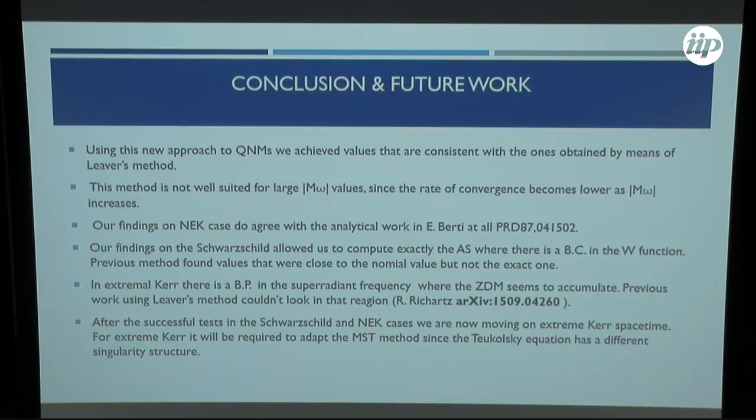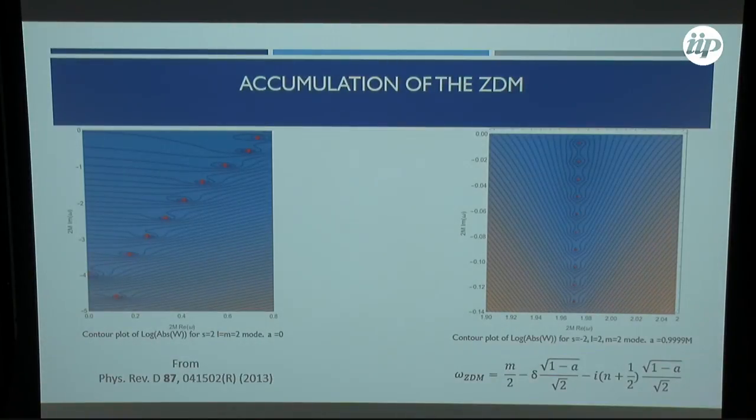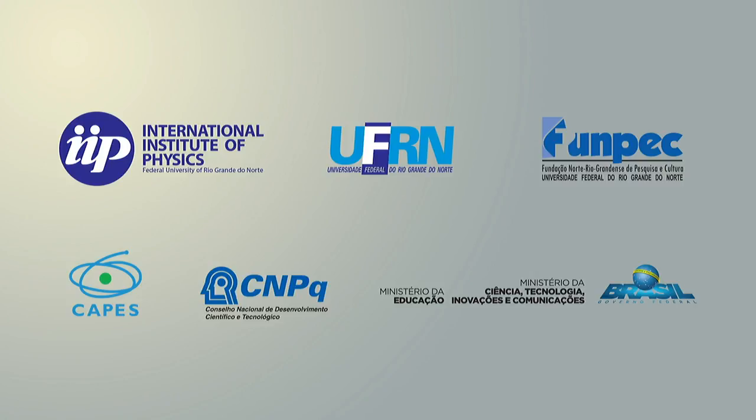So, conclusions. Oh, just one thing. In the extremal Kerr case, these points will accumulate there, and the idea is to investigate there because the method has already been proven good enough to look near branch cuts.